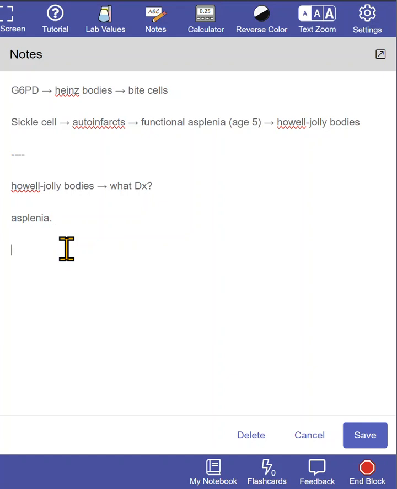And then Heinz bodies. So a Heinz body is basically denatured hemoglobin that's still in the cell, which should have been removed.